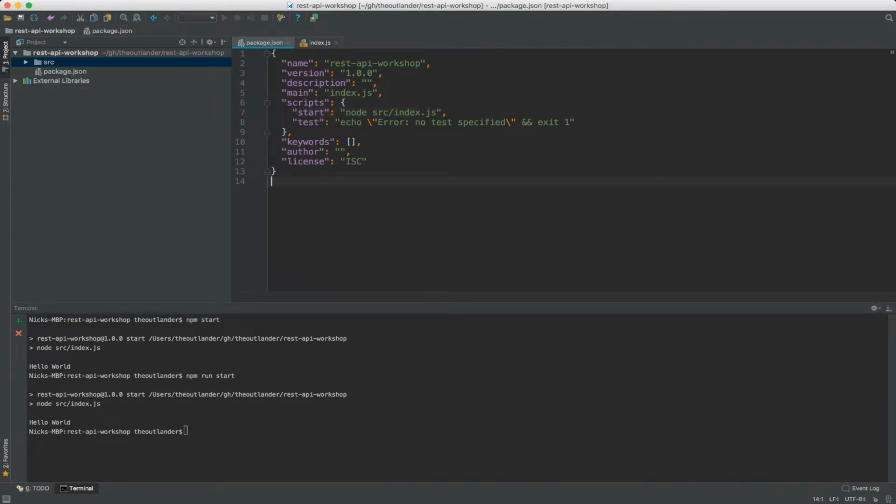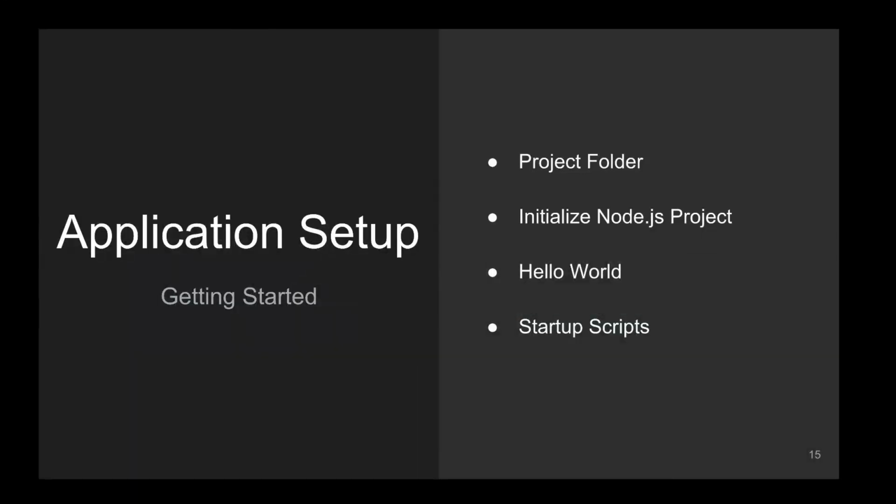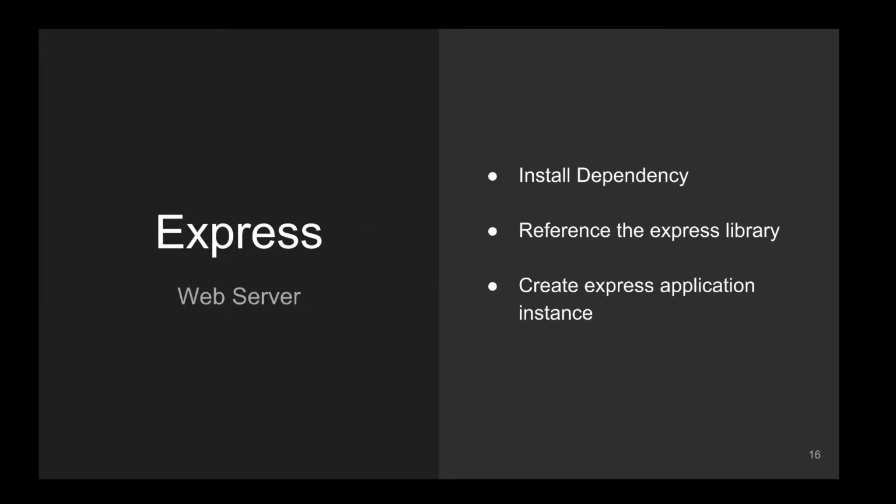Very well. I'm going to switch back to our presentation window here. All right. So hopefully everyone's caught on to that. Next, let's get started with Express. Express is an npm package, and it is basically a lightweight web server.